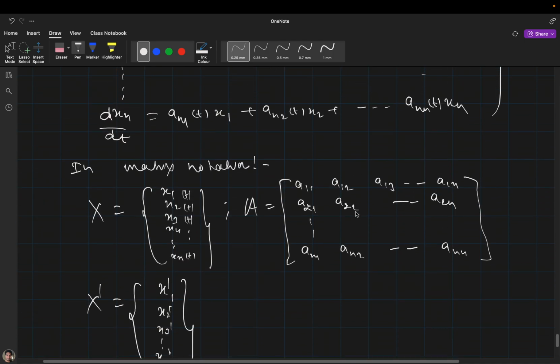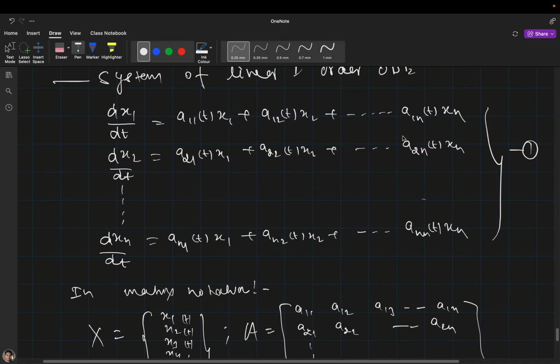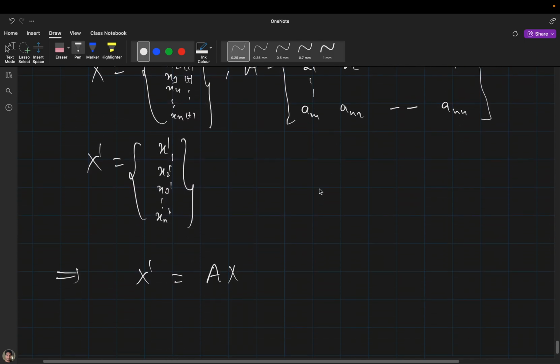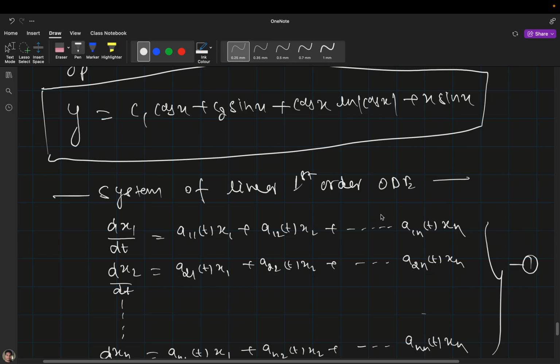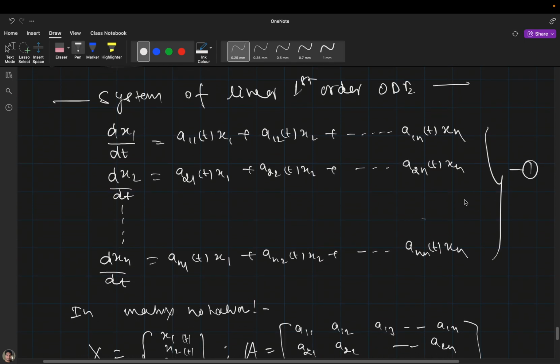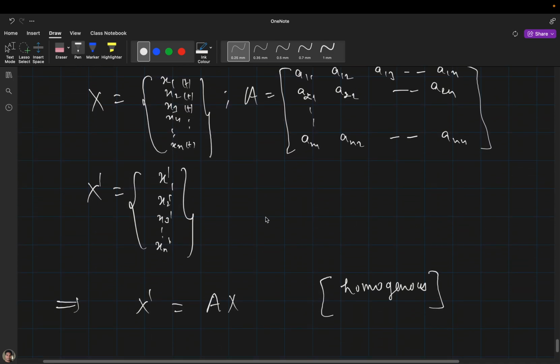Can you see that? The whole equation can be written like this, and this is actually homogeneous, because if it is non-homogeneous, then there will be one more element, that is f1(t), f2(t), fn(t).